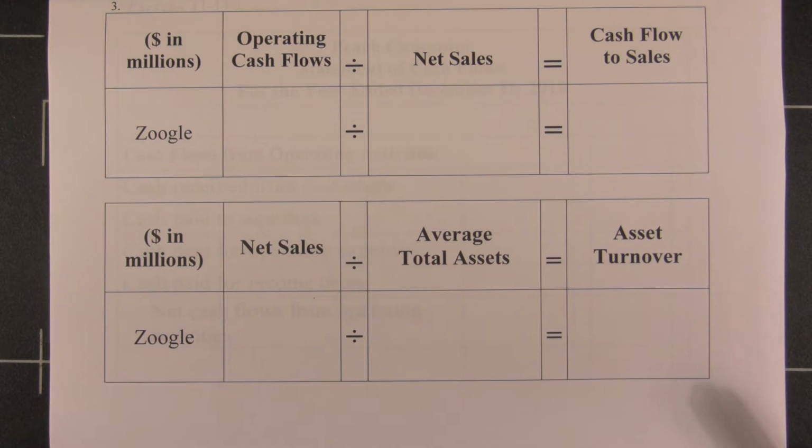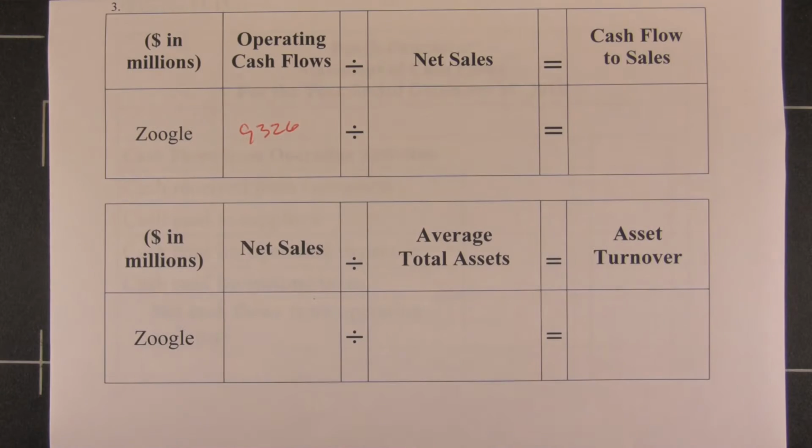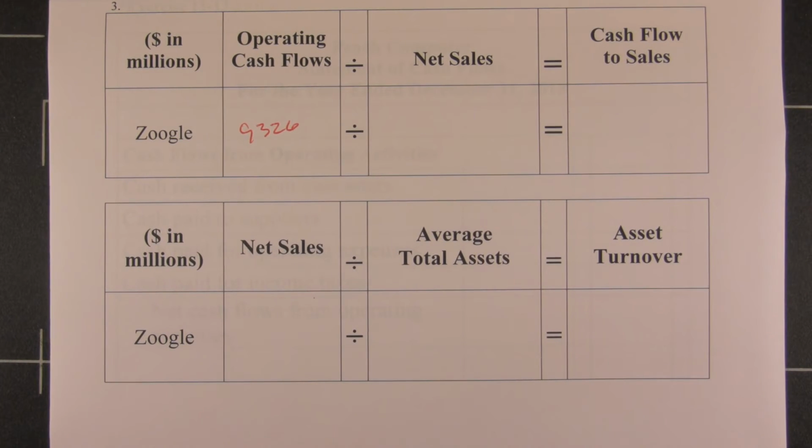Cash flow to sales, which is a way of saying for every dollar in sales, how much does that contribute to our operating cash flows? So again, we're going to take our operating cash flows that they gave us of 9,326, and keep in mind these are in millions, and we're going to divide that by our net sales. Now that's an income statement number. The cash flow is at the end of the period, so we can use just the number.